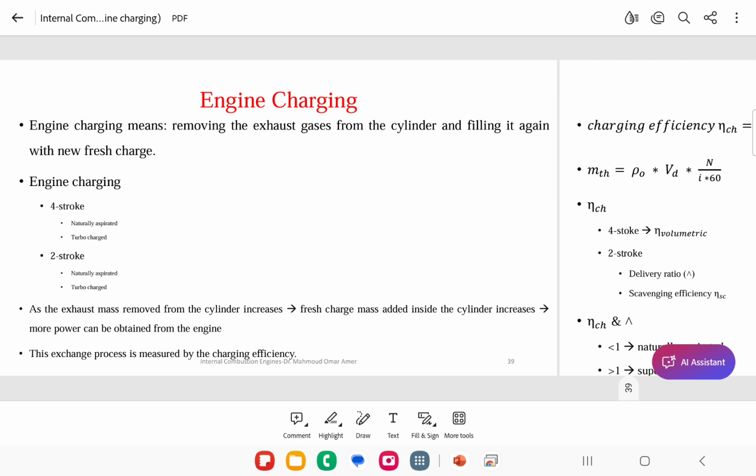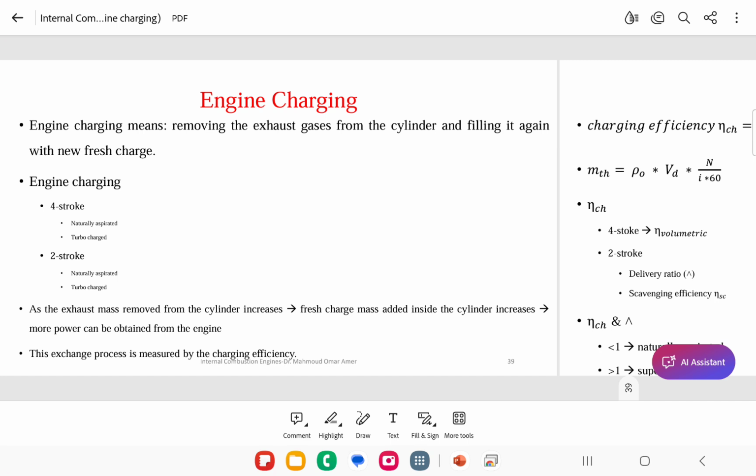So you only get the residual exhaust in the VC, which is the only exhaust gas that doesn't get out. But in the 2-stroke, you rely on the intake air during the scavenging stroke to push the exhaust outside. So you will get low quality.